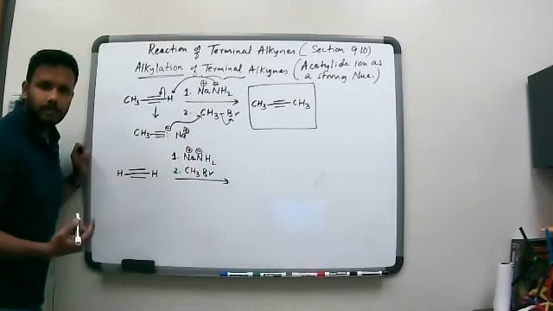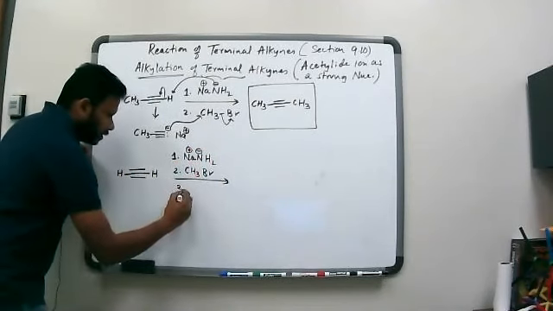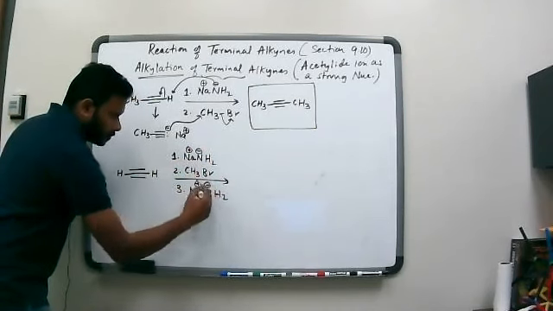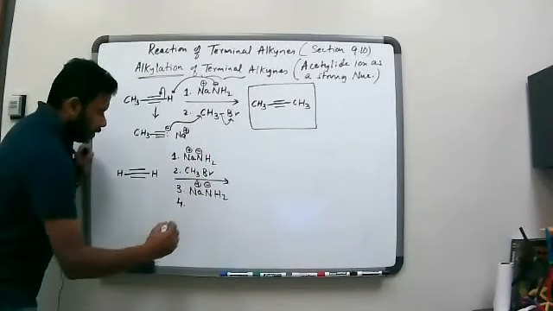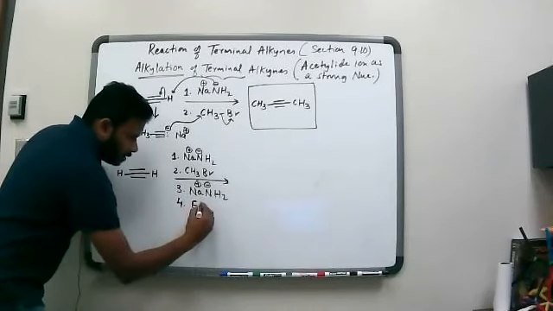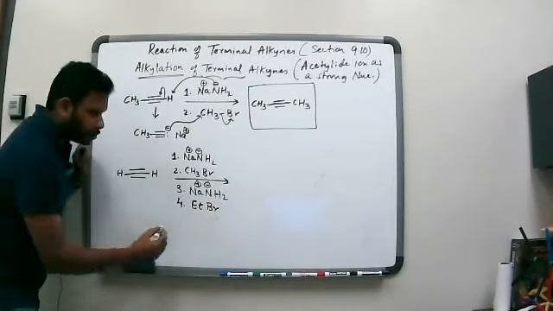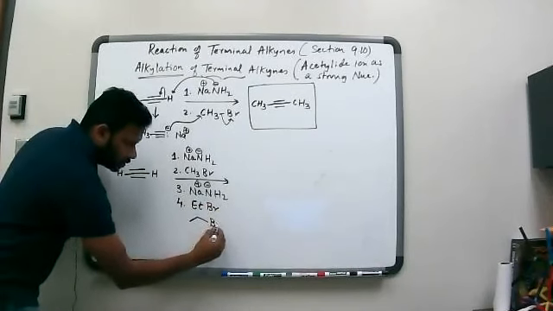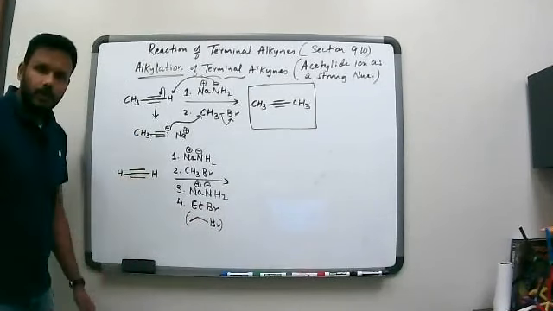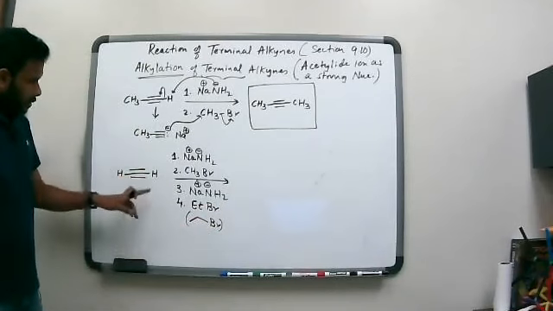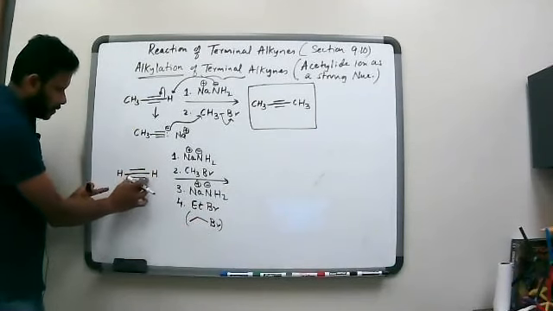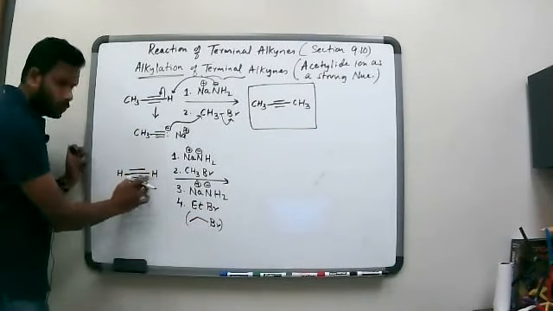I'm just randomly picking some examples to show you. 3, sodium amide again, and 4, ethyl bromide, EtBr. What are we going to get here? This alkyne actually has two acidic hydrogens.